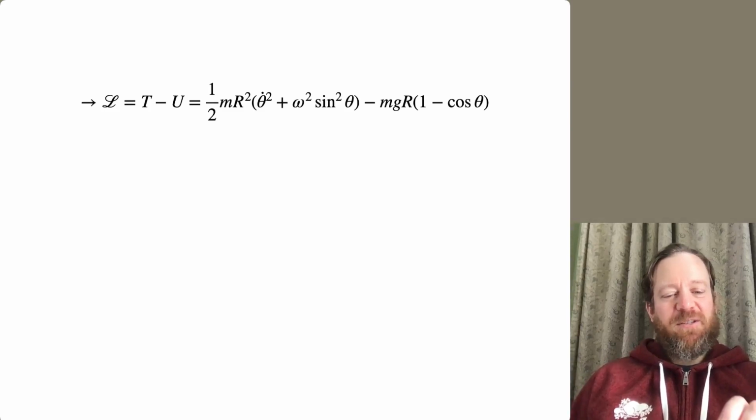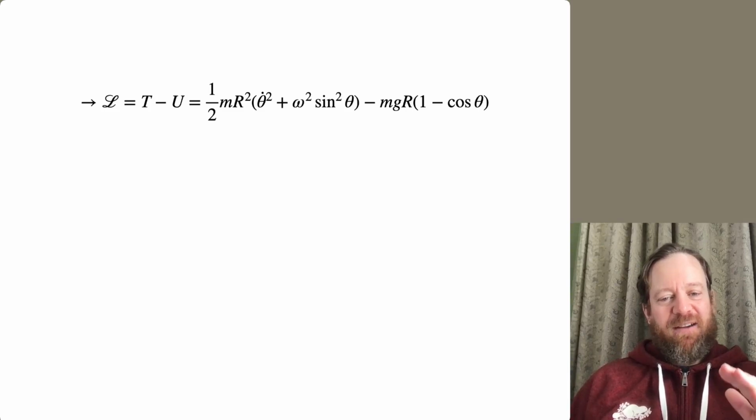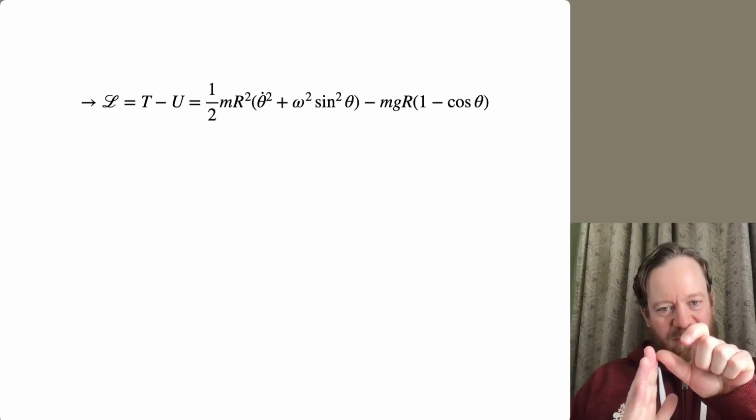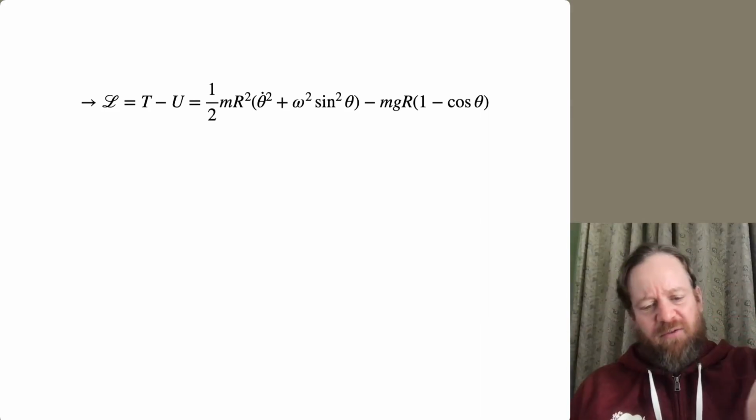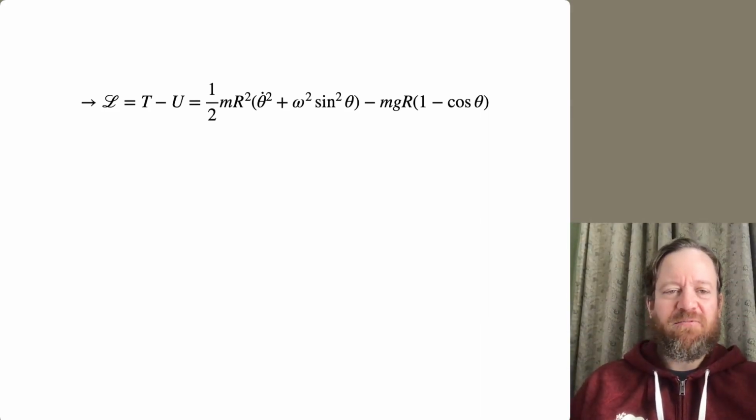Remember that this is going to be then the angle that our bead makes with the vertical. Of course, it's also rotating round and round and round, but it's doing that at a constant rate. So we already know what the equation of motion for that is. It's just going to have phi dot being equal to some constant, or omega itself being equal to some constant.